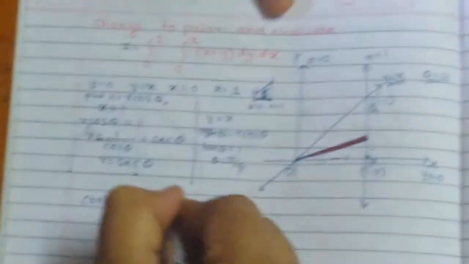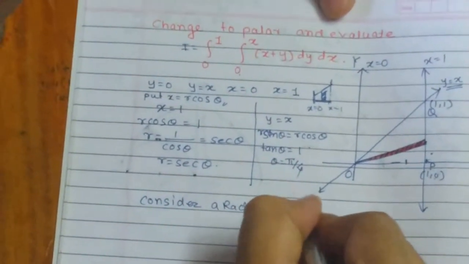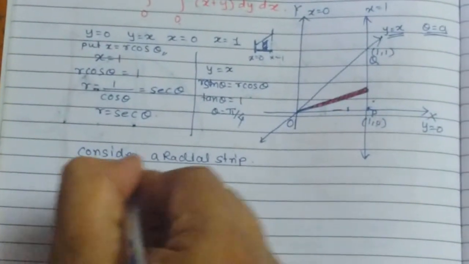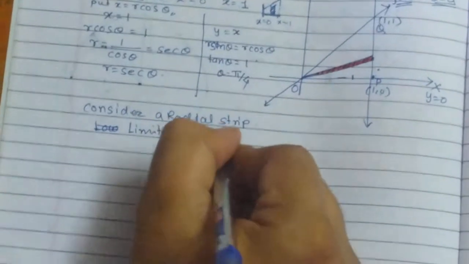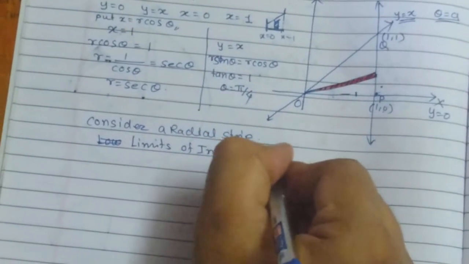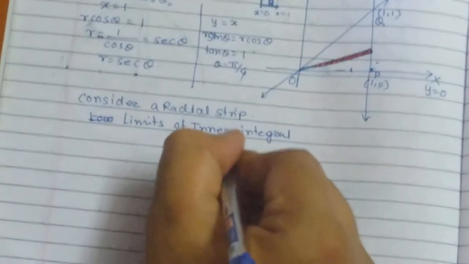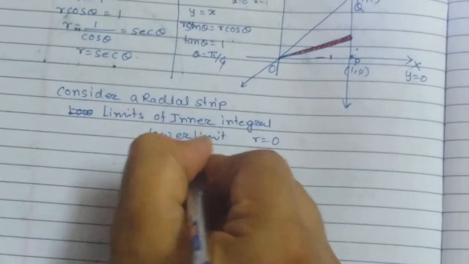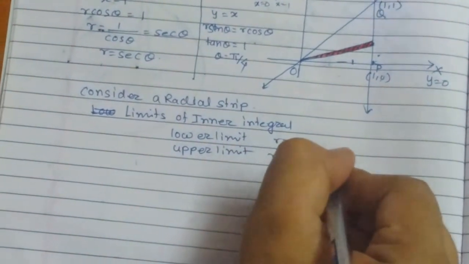Therefore, consider a radial strip. Limits of the inner integral: the lower limit is directly r equal to 0, and the upper limit, that is the upper end of the strip, is on the line r is equal to sec theta.